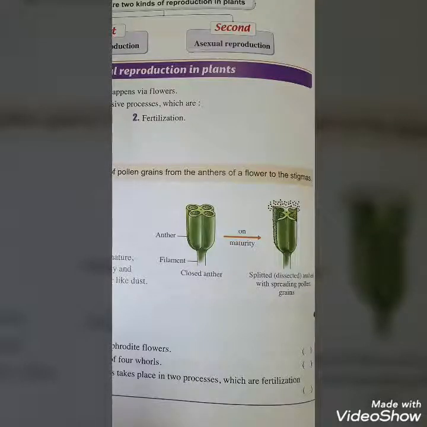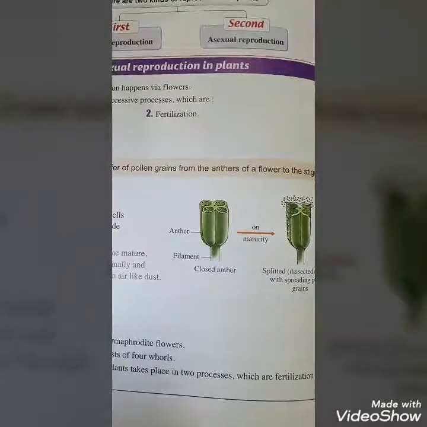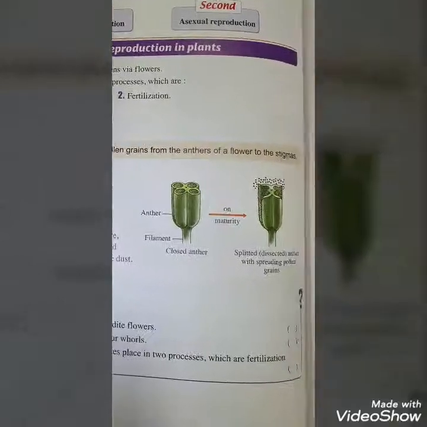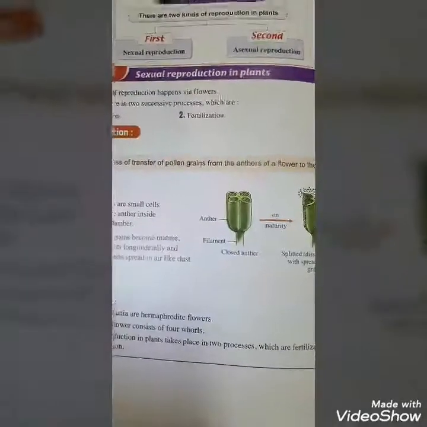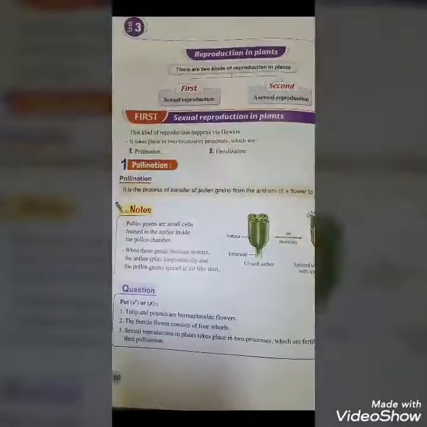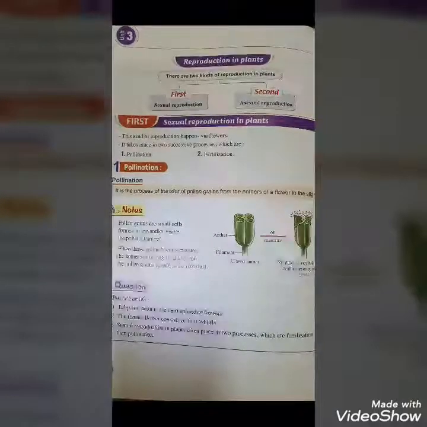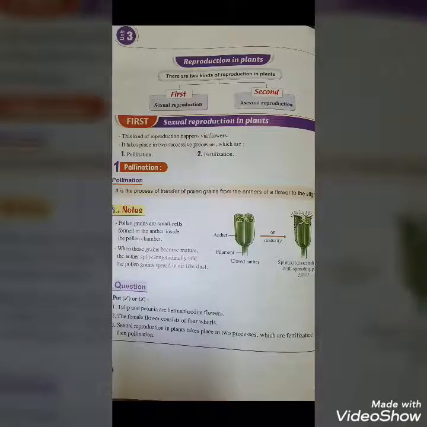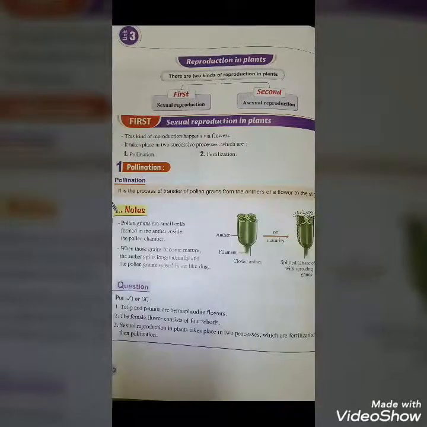When the pollen grains become mature, the anther splits vertically and the pollen grains spread in the air to transfer to the stigma of another flower, to make the fertilization process. The pollen grains are small cells formed in the anther inside the pollen chambers. When those grains become mature, the anther splits longitudinally and the pollen grains spread in the air like dust.